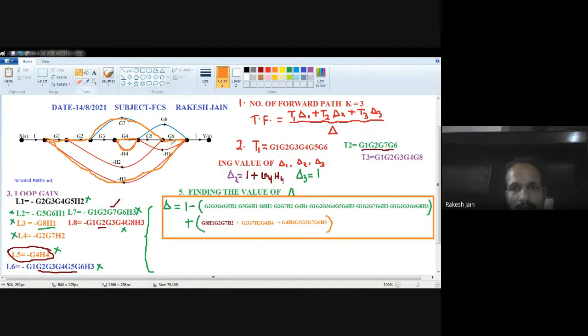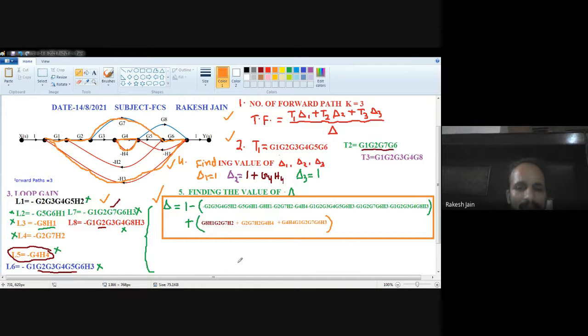There is some removing here, that del1 is equal to 1. Okay, this one is the fourth step. So this is the first step, second step, third step, fourth step, and the fifth step is completed.